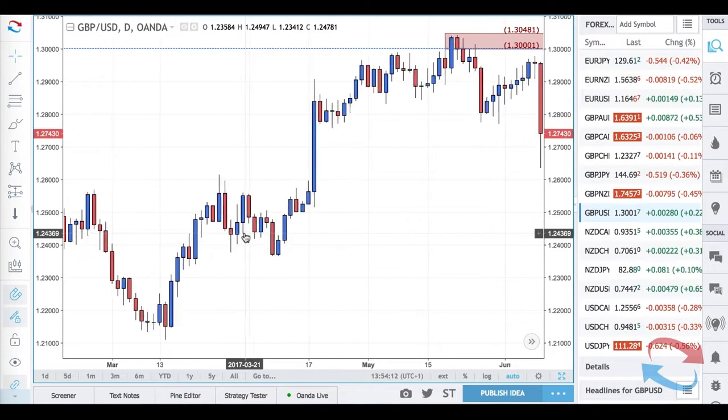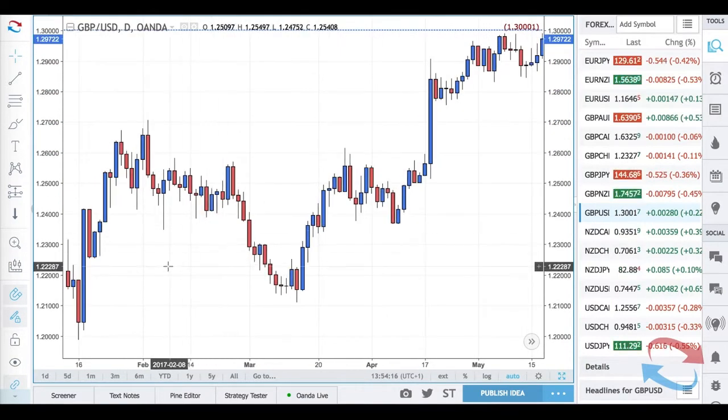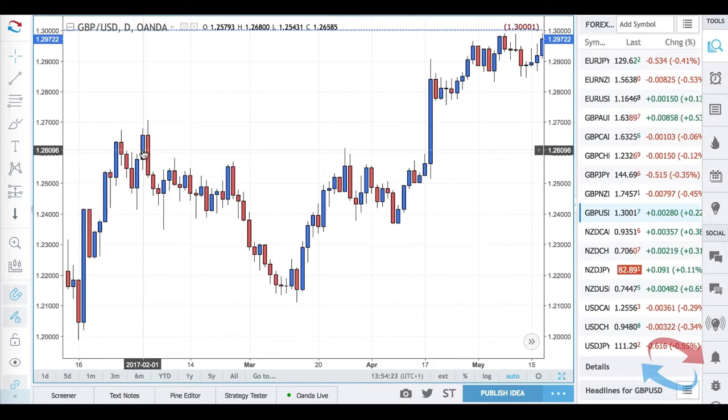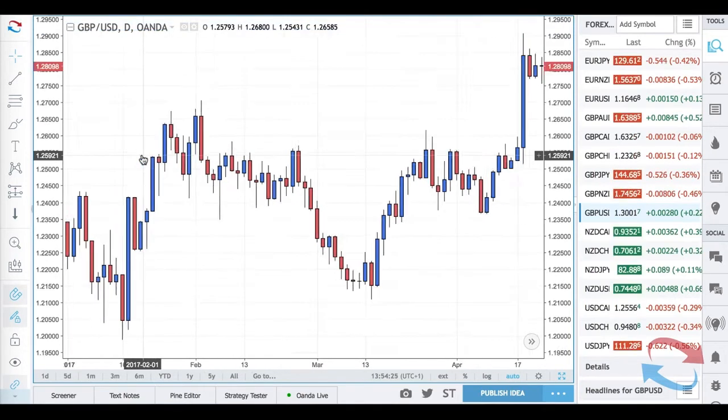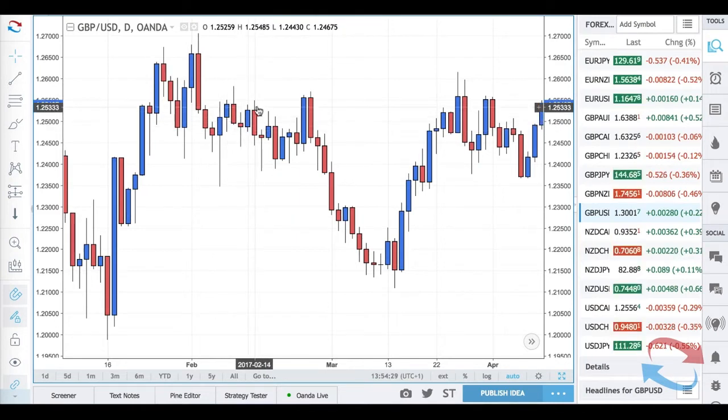So what I mean by that is if we count candlesticks, bullish and bearish, what you'll tend to have is maybe a couple of consecutive bullish or bearish candlesticks, three here, two there, two bullish, three bearish, two bullish, three bearish, two bullish.